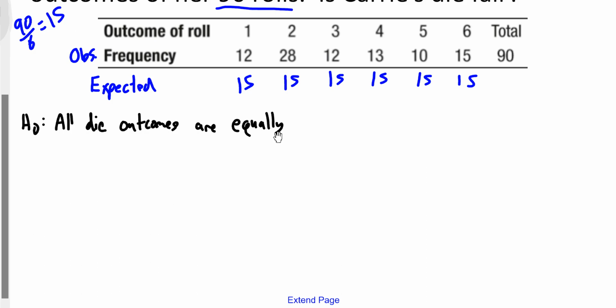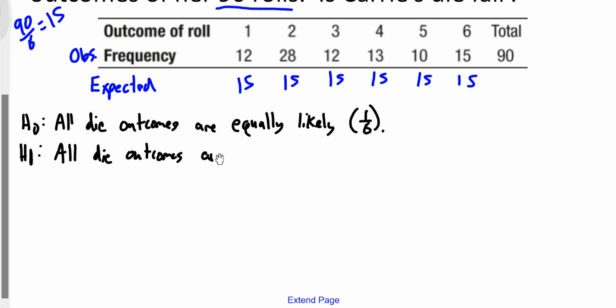Something like that. Because that would be a fair die. My alternative is that, oops, maybe it's not. So all die outcomes are not equally likely.